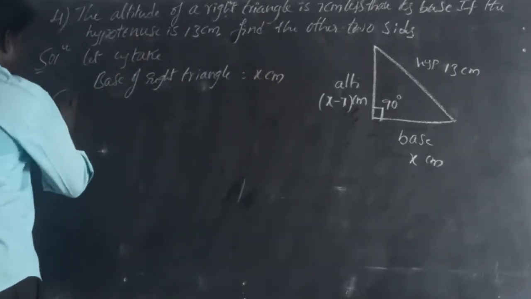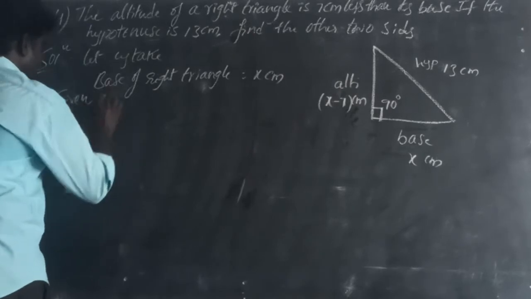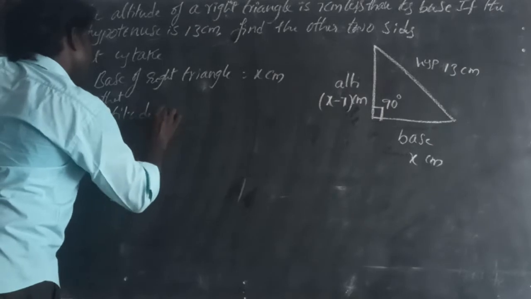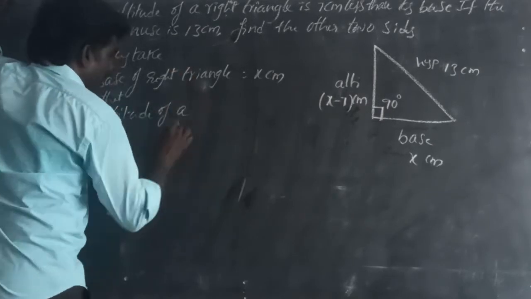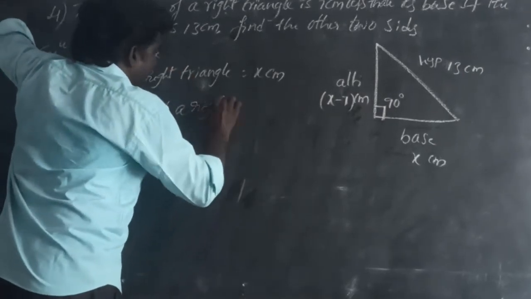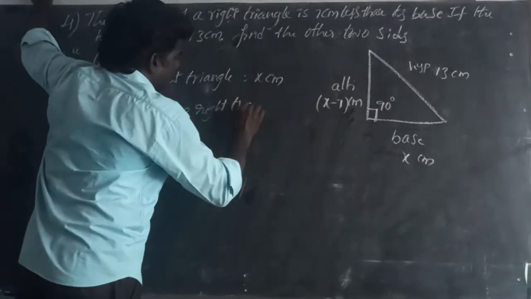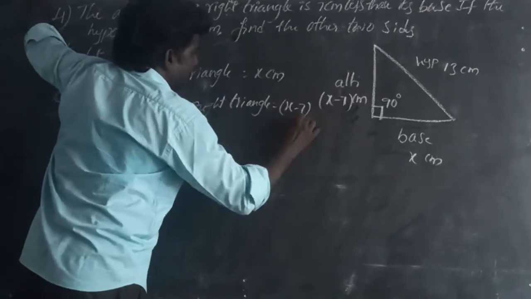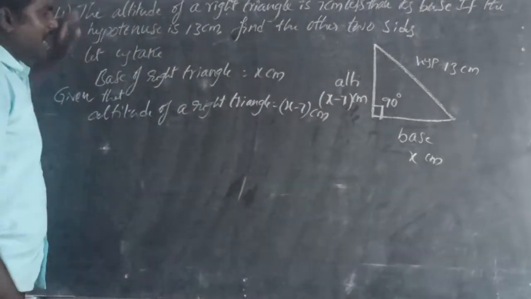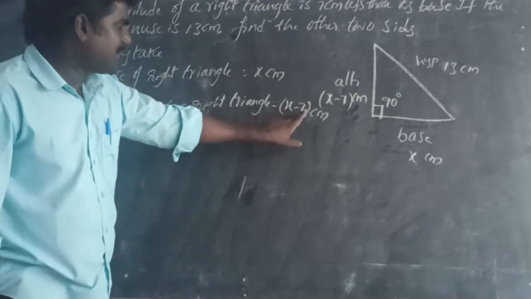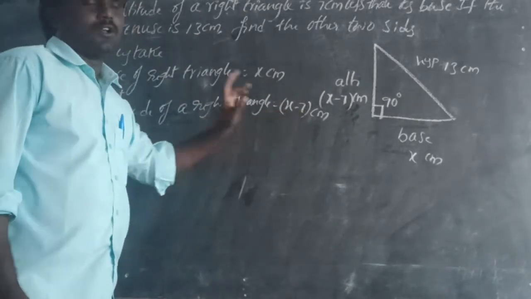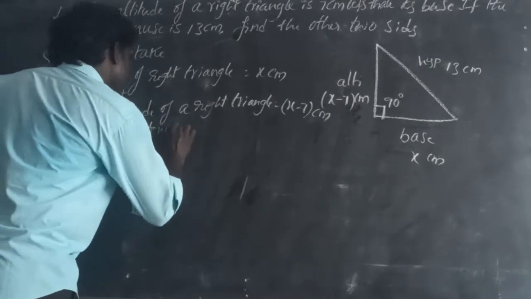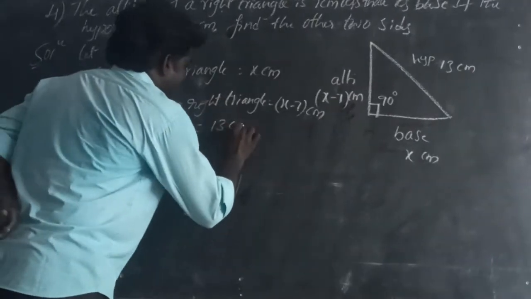Given that altitude of a right triangle is x minus 7 centimeter. So what the condition? The altitude of a triangle is 7 centimeter less than the base. Okay, next hypotenuse is how much they given that 13 centimeter.